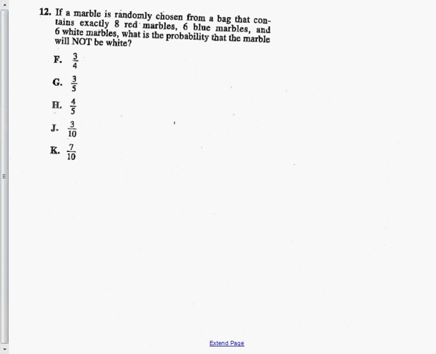If I know the probability of something, let's say A, then the probability that it's not A is going to be 1 minus the probability of A. So if the chance of this one thing occurring is 30%, the chance of it not occurring would have to be 70%, right? That's one way you can do it, by using the complement rule. The direct method is basically to first add up the total that we have here.